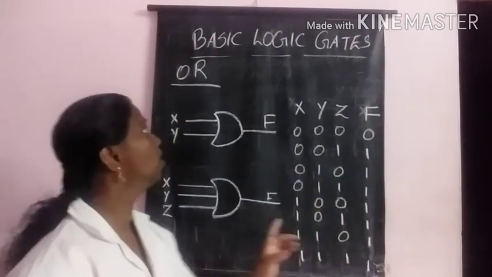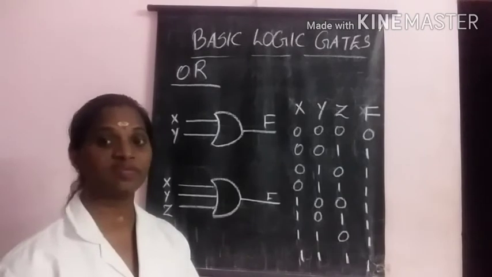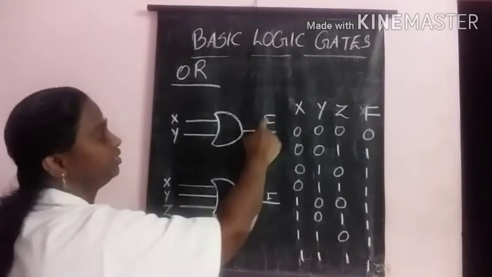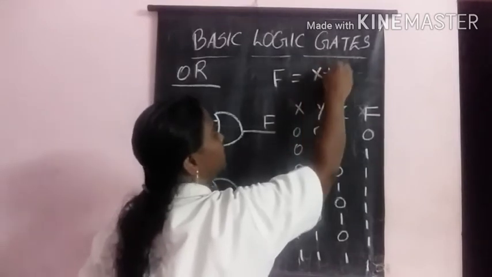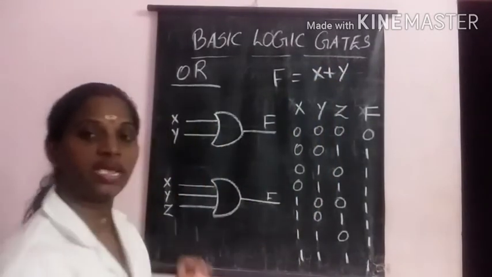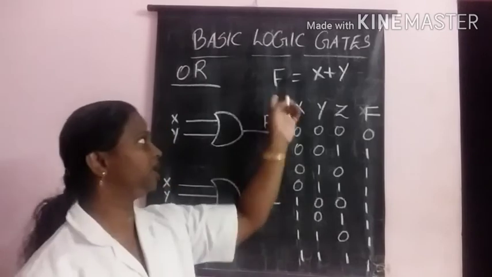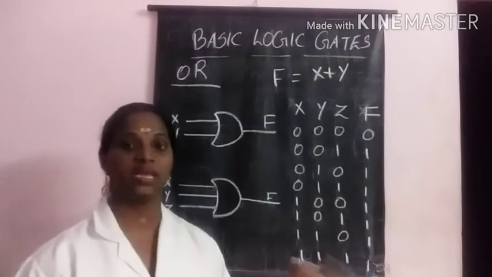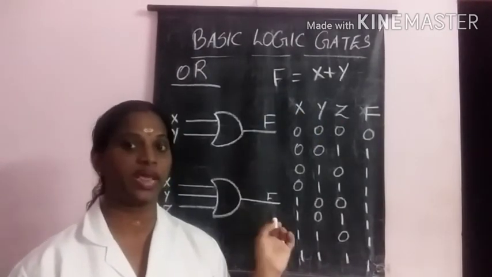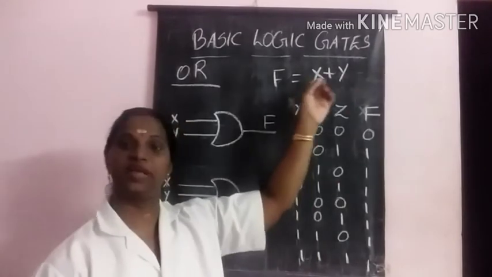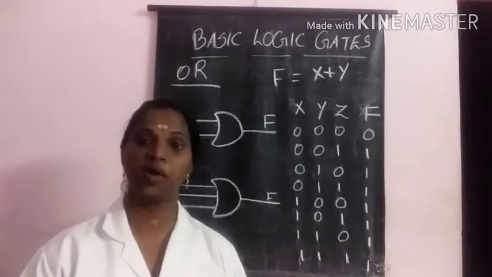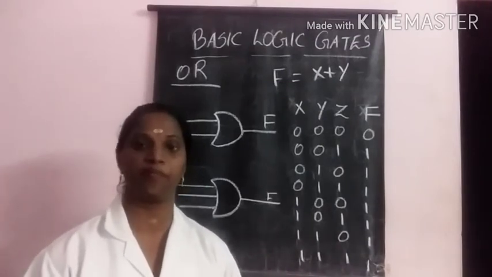OR means logical addition. So F is equal to x plus y. In AND, F is equal to x dot y. In an OR gate, if any of the inputs is high, then the output will be high.